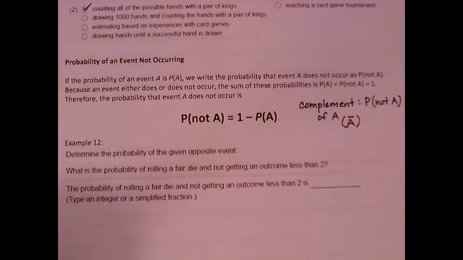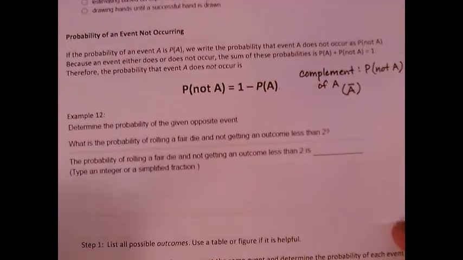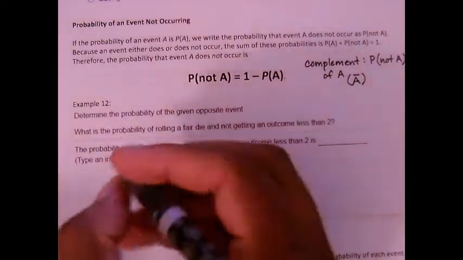Alright, in example 12, determine the probability of the given opposite event. What is the probability of rolling a fair die and not getting an outcome less than 2? Okay, now let's look at this.